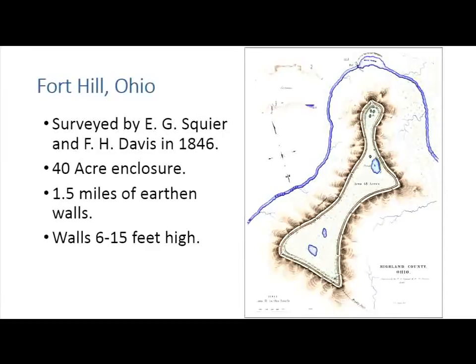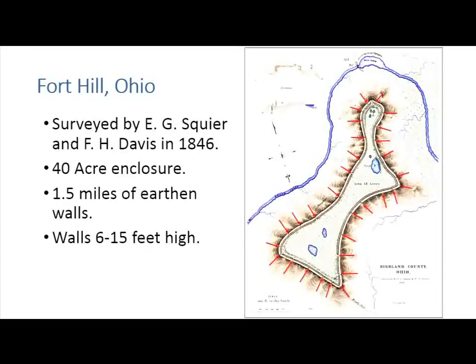These mounds we call berms. On top of that mound that surrounds the hilltop, there would have been a palisade or a wooden fence that completely surrounded it. And just imagine, these earthen walls were on the order of 6 to 15 feet high.